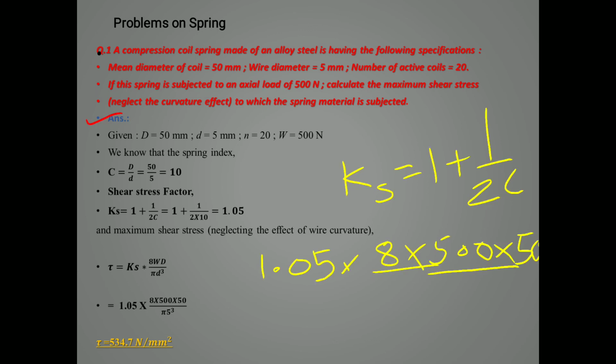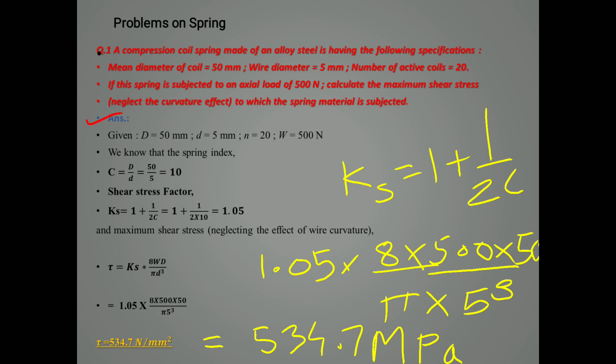Then the value of small d is 5, cubed. So finally the shear stress is equal to 534.17 Newton per mm square, or you can also give it as 534.17 megapascal, MPa.